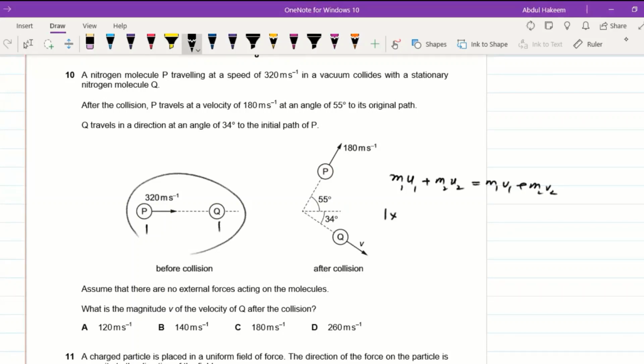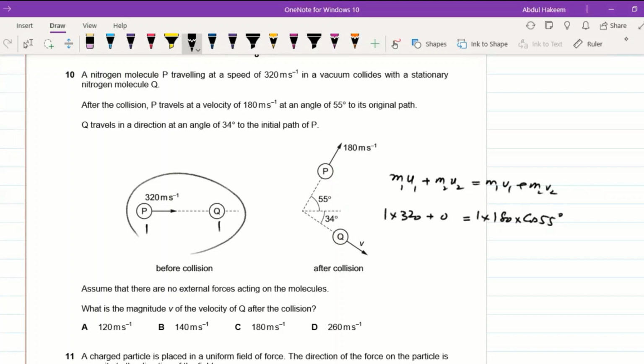Suppose its mass is 1, just an assumption. Its velocity is 320, plus this one is at rest, so its momentum is 0. And for P, the mass is 1, and its horizontal velocity will be 180 times cos 55°.